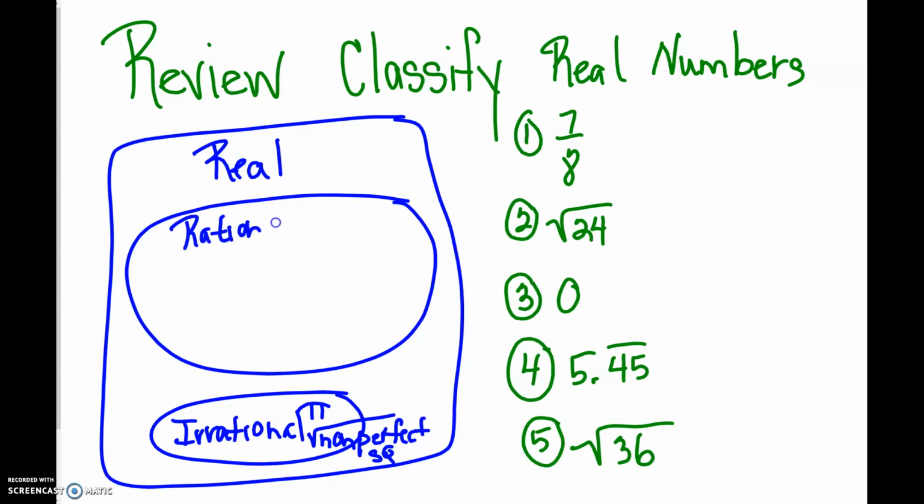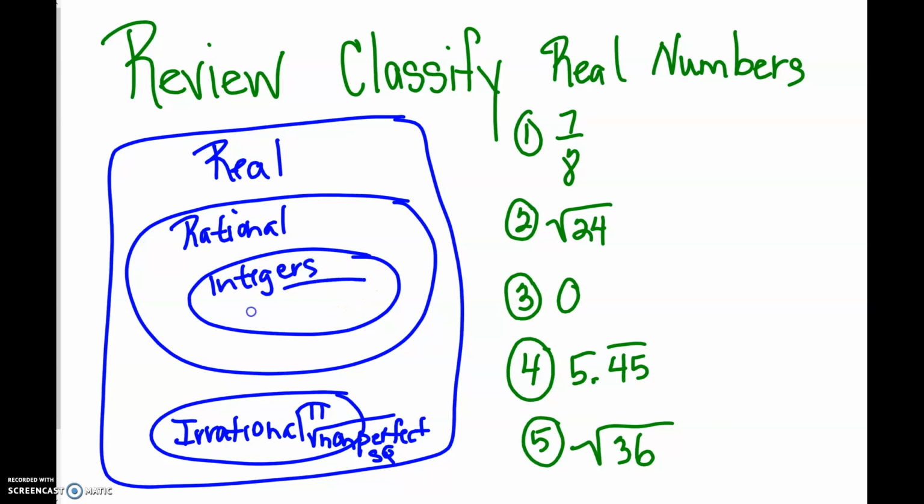Now, rational numbers are anything that can be written in the form A over B. So we're talking about fractions and decimals. Within rationals, we have integers, and integers are your positive and negative whole numbers. And inside integers, we have whole numbers.